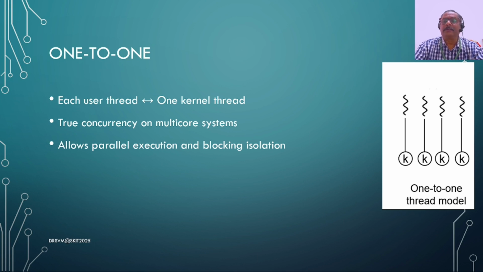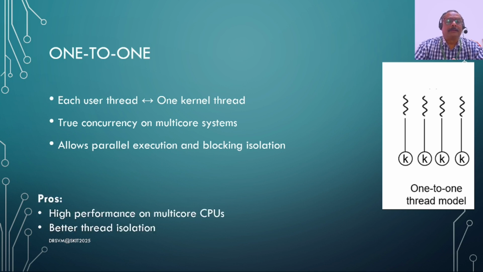Therefore, if one thread gets blocked, others without any hindrance continue without any difficulty. So the positive side, high performance on multi-core CPUs, and better thread isolation are possible here, because each thread is independently working with its own kernel thread, and each kernel thread has its own core.